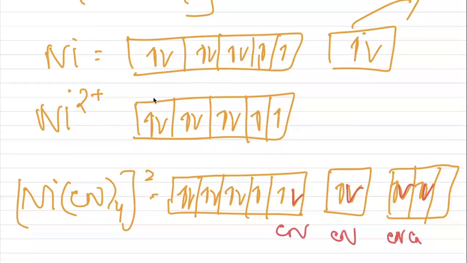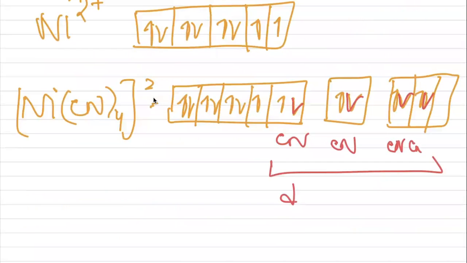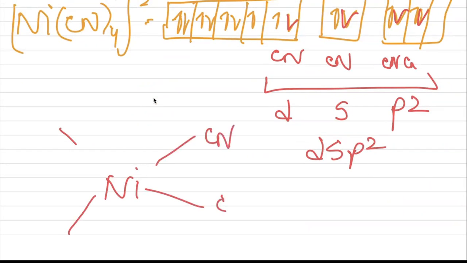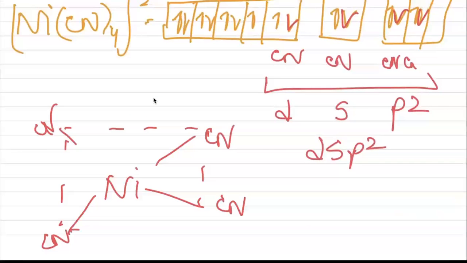And this becomes dsp2 hybridization and has a planar structure like this.